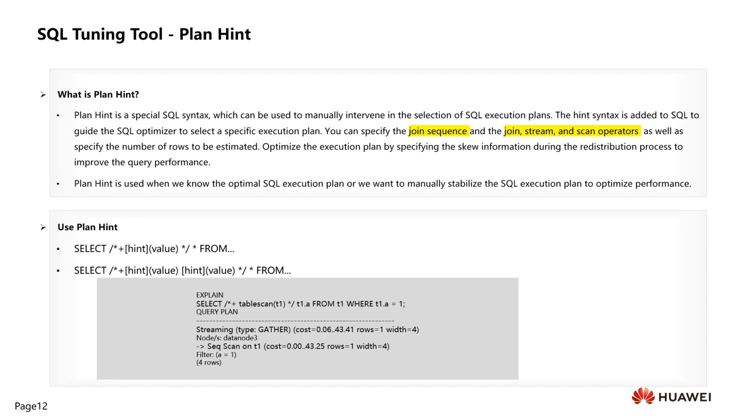The hint syntax is added to the SQL to guide the optimizer to select a specific execution plan. We can specify the join sequence, join operator, stream, and scan operators, as well as the number of rows to be estimated. Apart from that, we can also use the hint to specify the skew information.